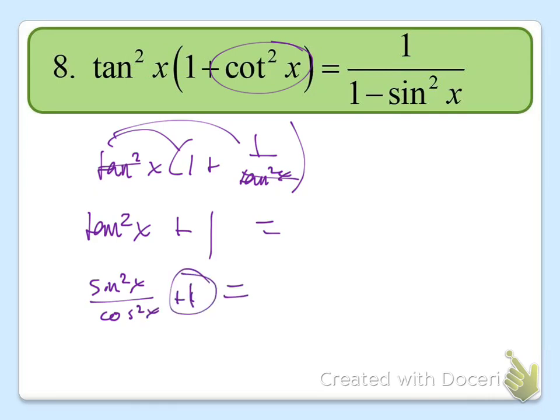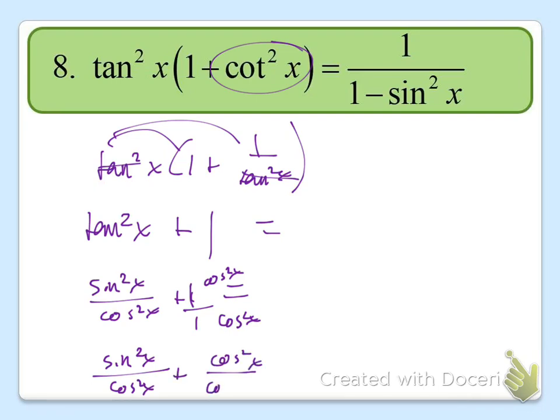Then we've got to get common denominators for these guys. This guy has a denominator of 1, so he needs to have a denominator of cosine squared. So we get sine squared x over cosine squared x plus cosine squared over cosine squared.